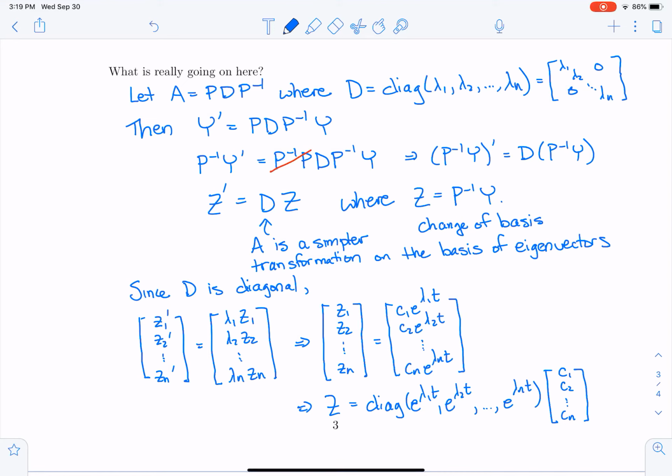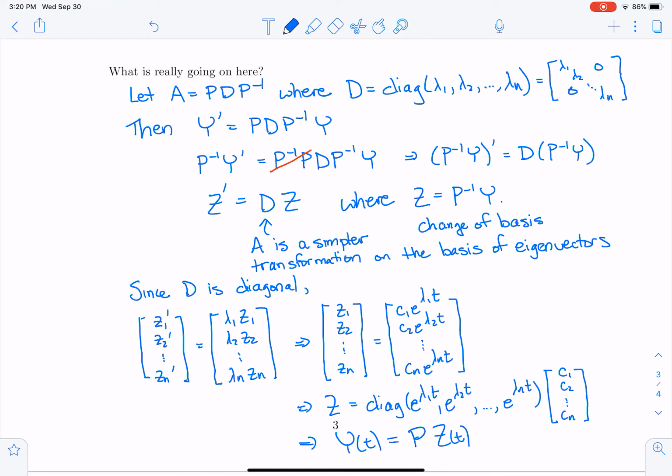So what we've done is we've transformed this problem where we originally had y prime equals A times y. We transformed it to z prime equals D times z. That was a simple problem for us to solve. And then finally, we are able to say that y of t is equal to P times z of t, because z was equal to P inverse times y.